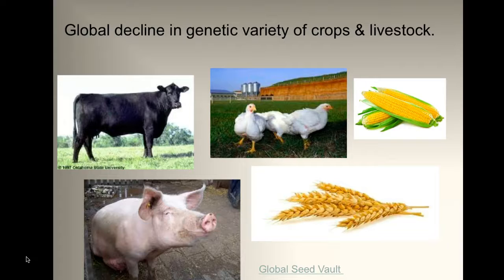So when you buy chicken in the store and it's farm raised, it's coming from a bird with white feathers, and they all are pretty much a pedigree, so they're pretty purebred. The same goes for seeds. When we talk about things like corn or wheat, it's the same with them. All right, there is an international effort, however, to protect seed variety. It's sometimes referred to as the Doomsday Vault.